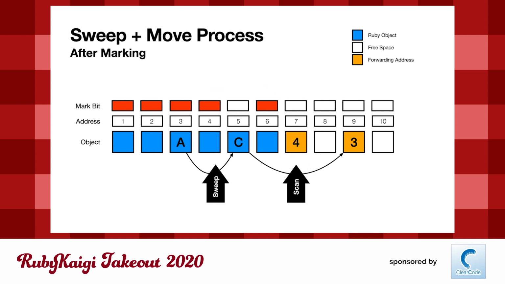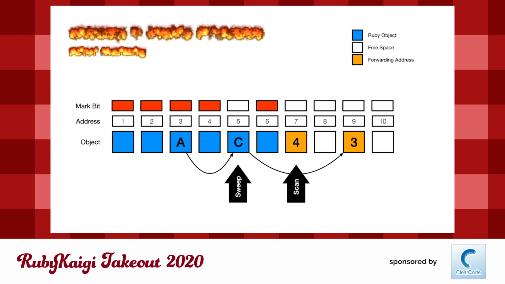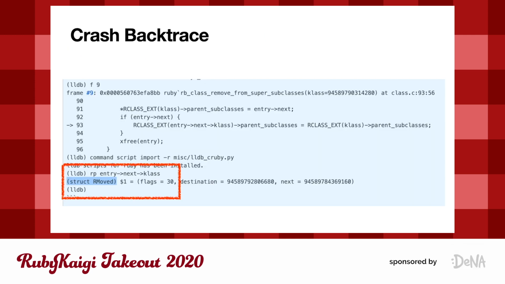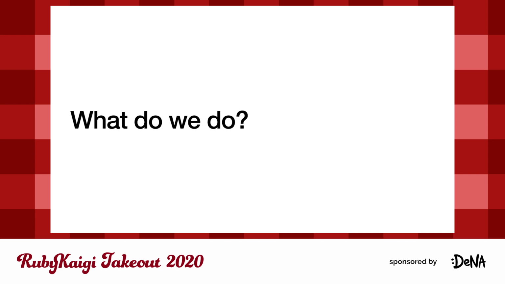The C class is pointing at the forwarding address instead of class A, so it tries to read the memory at that location. But it's a forwarding pointer, and since the memory is wrong, the program will crash. We can see from the crash that the class isn't a class, but it's a forwarding address.